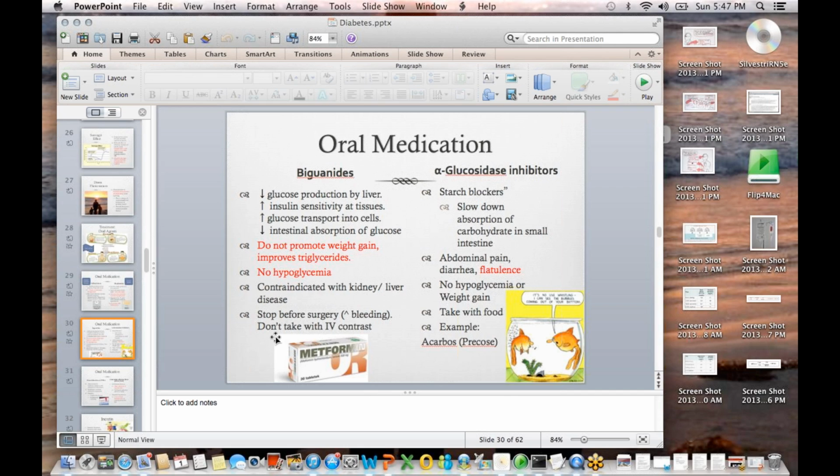And there's no problem with the sensitivity at the tissue site because the problem with type 1 is that they don't produce insulin. So those are specifically insulin dependent, whereas a type 2 could be because they don't produce enough from the pancreas, or could be because of decreased sensitivity at the tissue sites. So we have different medications that work at different sites to hopefully reduce the blood sugar levels and prevent the chronic complications for type 2 diabetics. Yes, all oral agents for type 2.